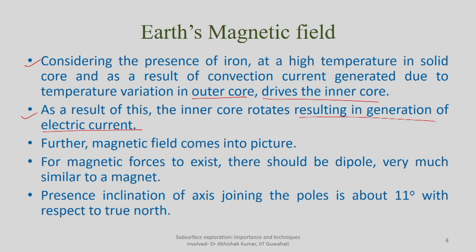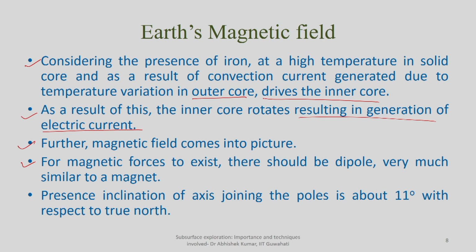generation of electric current. So in the inner core you are having electric current, and further, because of its magnetic properties, again there will be magnetic current coming into the picture, which you actually see in terms of magnetic north and south pole. So for magnetic force to exist, there should be a dipole very much similar to a magnet.